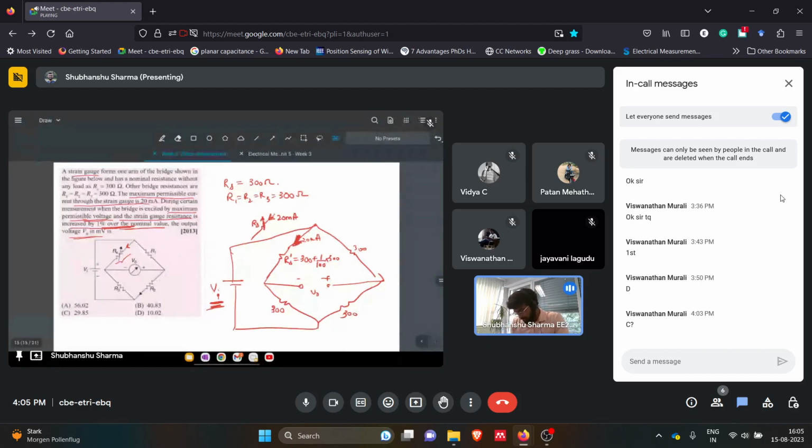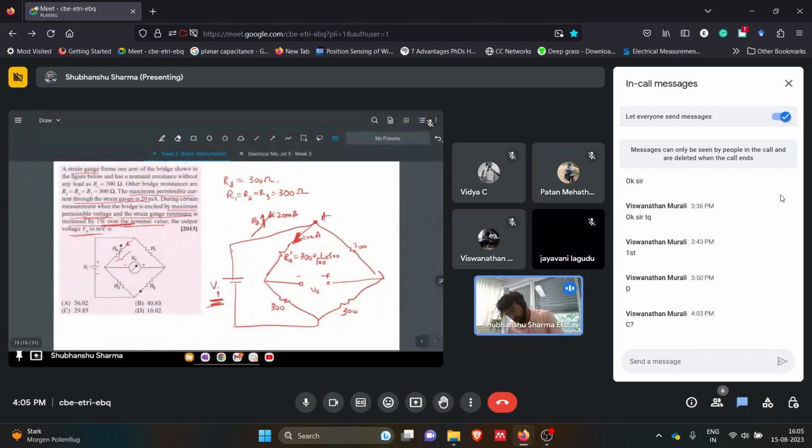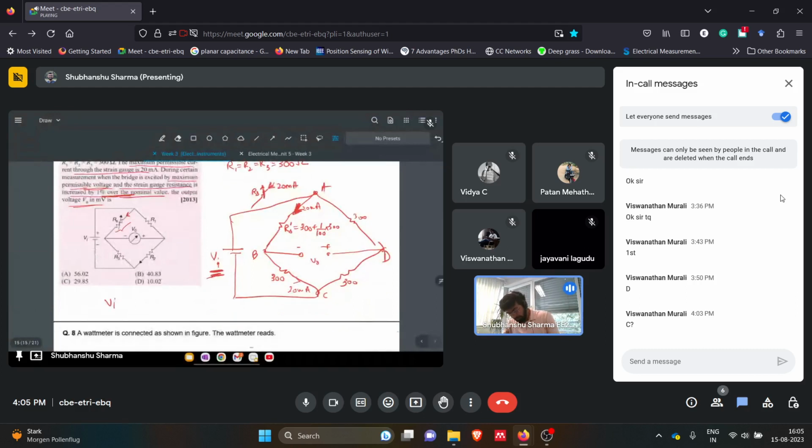Now they are asking for the V naught voltage, and we have 20 milliamperes. So 20 milliamperes is flowing through this branch, and you can simply get the maximum input voltage Vi as 20 milli into 303 plus 300.